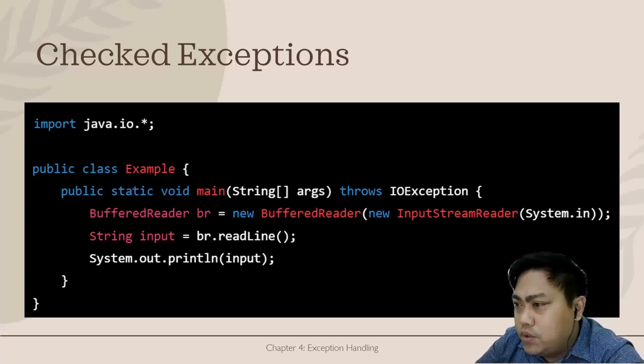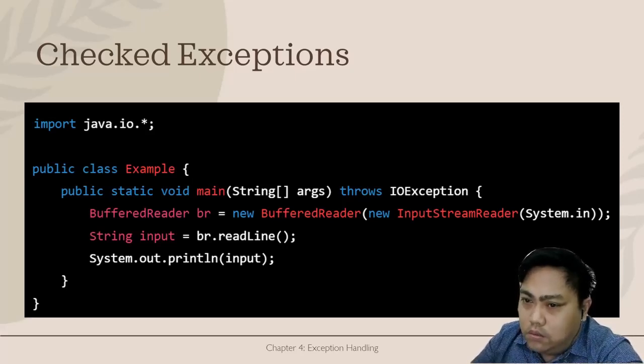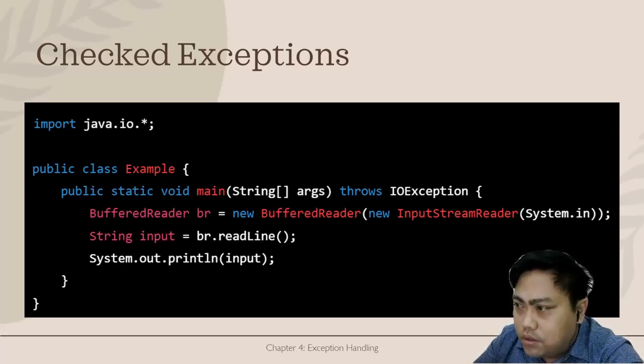So we have used BufferedReader under the java.io package. In case an error occurs using this code, the method can throw the IOException. So it must either be caught or declared in the method signature.